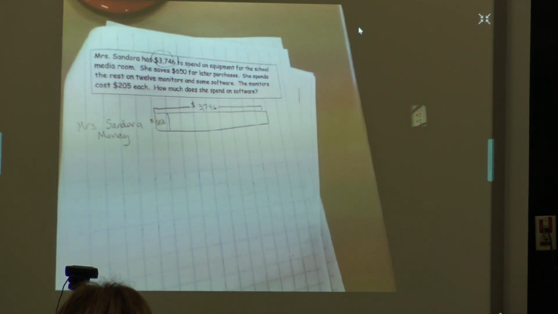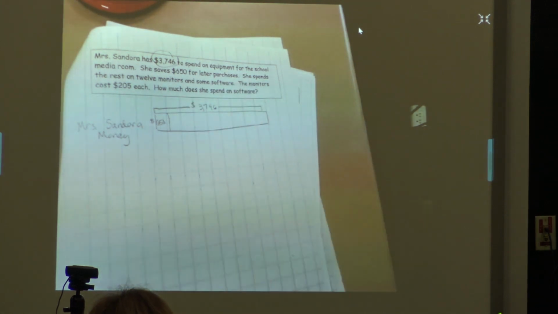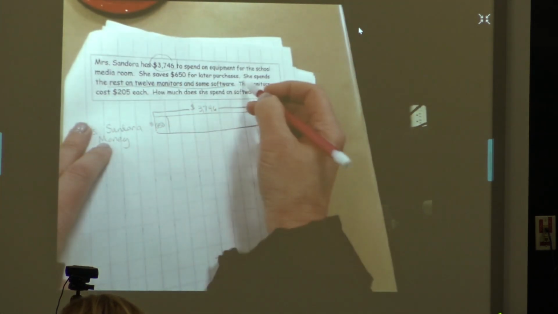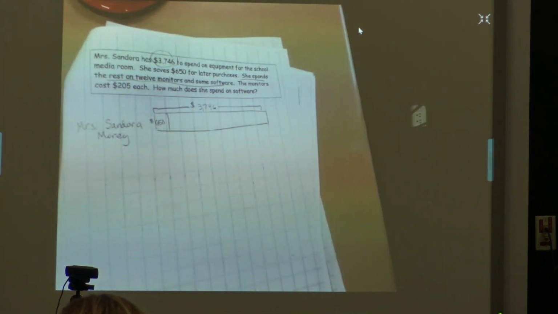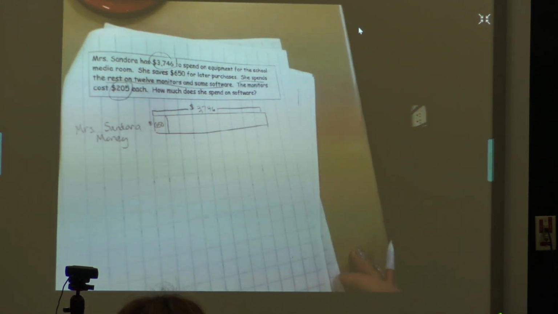Okay. And then it says she spends the rest on 12 monitors and some software. Huh. All right, you're like, okay, I'm going to underline that because there's no numbers in that, but it looks like an important sentence. The monitors cost $205 each. How much does she spend on software? I do know that she spends, I'm going to look at that number.